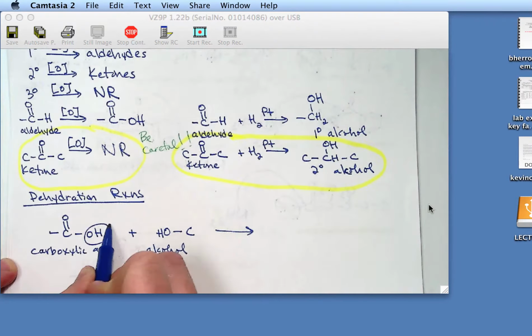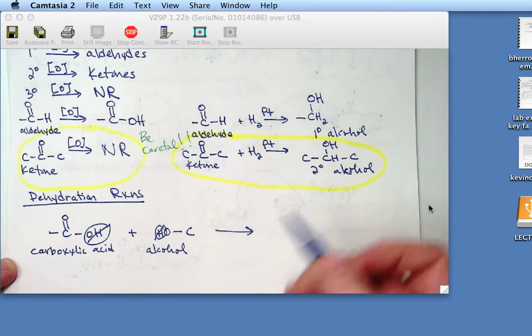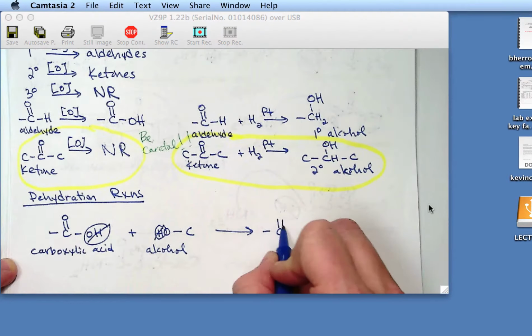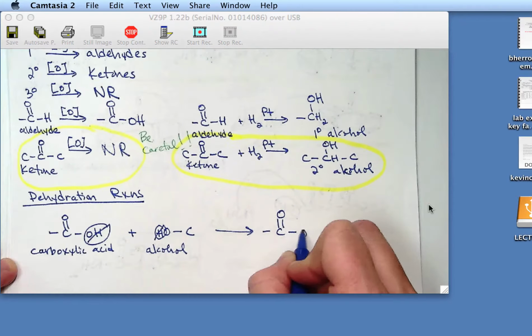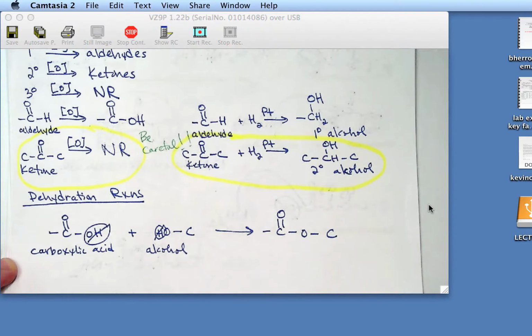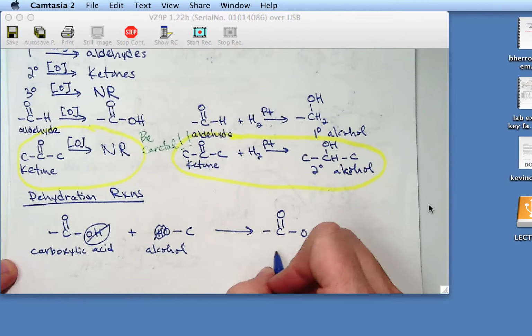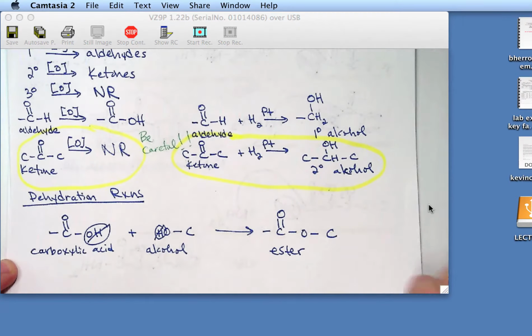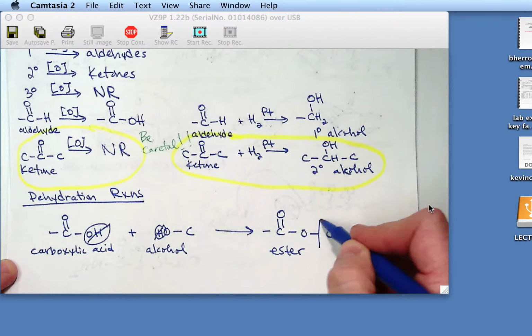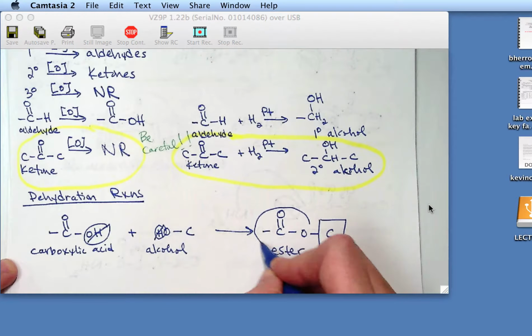Get rid of the OH, get rid of the H. What functional group do you form? Ester, yes. Very good. So you square this, and circle that for the name.